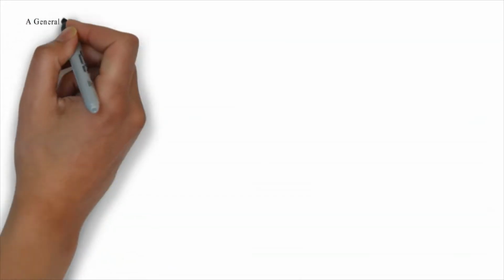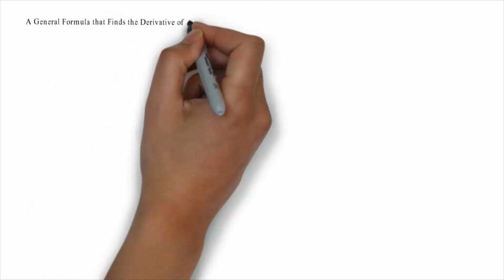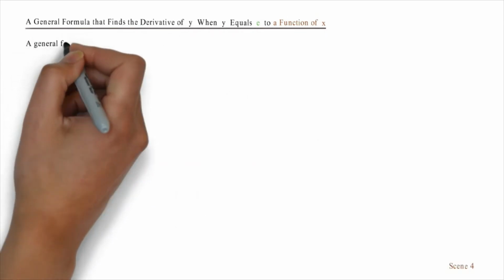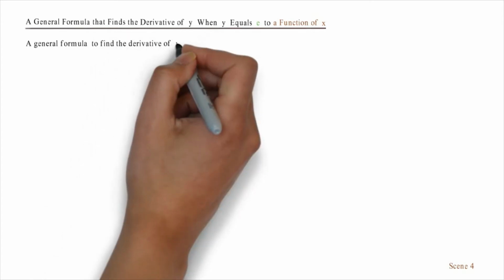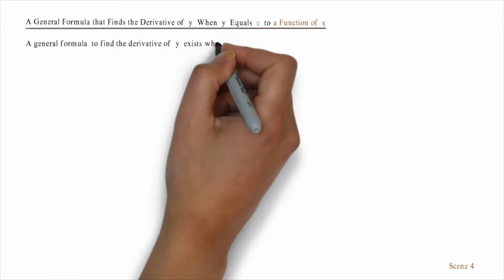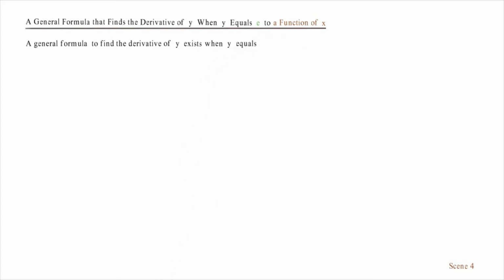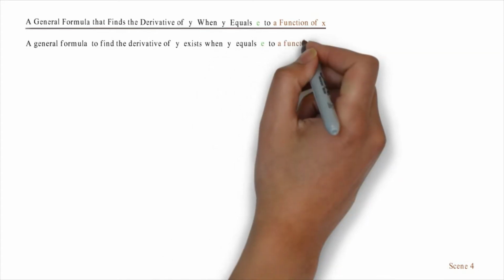A general formula that finds the derivative of y when y equals e to a function of x. A general formula to find the derivative of y exists when y equals e to a function of x.